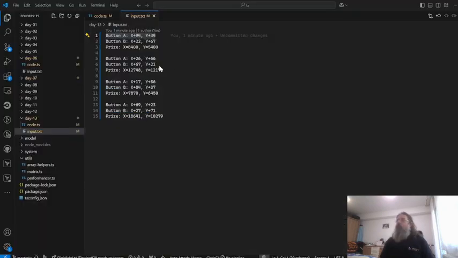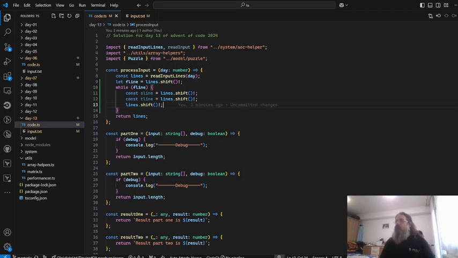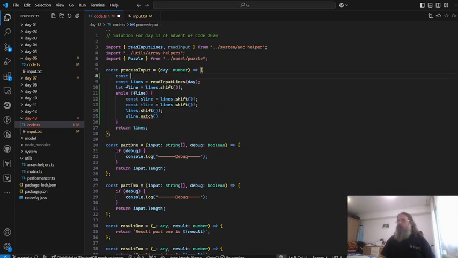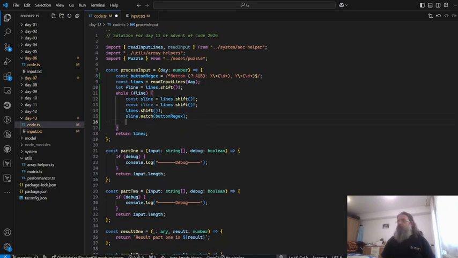Let's start on that. I will write this out as constants. So the button regex is this thing, and we're gonna need to match this using the button regex. That's the first line match.